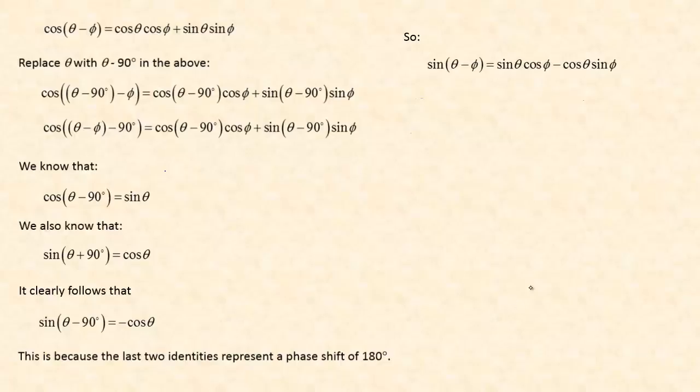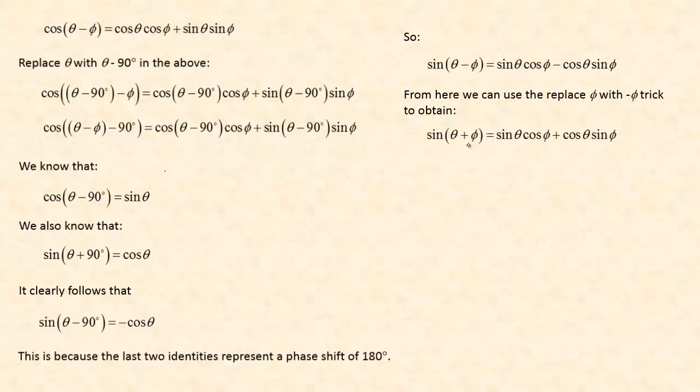So that's the first one for sine. From here we can use the replace phi with negative phi trick to obtain sine theta plus phi is sine theta cos phi plus cos theta sine phi. So now we've got 2 identities for sine.